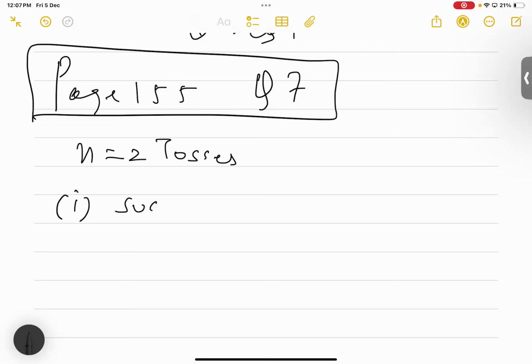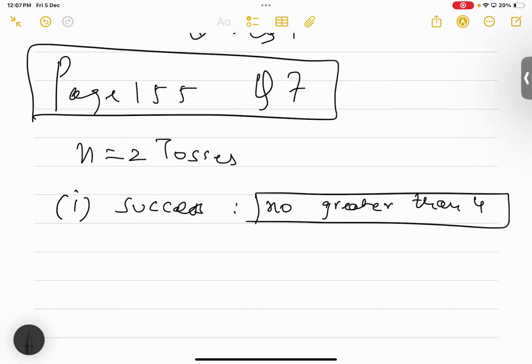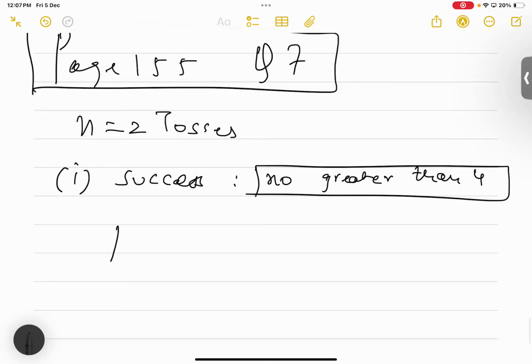In the first part, what is success? Number greater than 4. Now understanding wise, this problem is a bit complicated. Okay. So P, number greater than 4. What are the events? 5 and 6. So what is success? P is the probability of success.